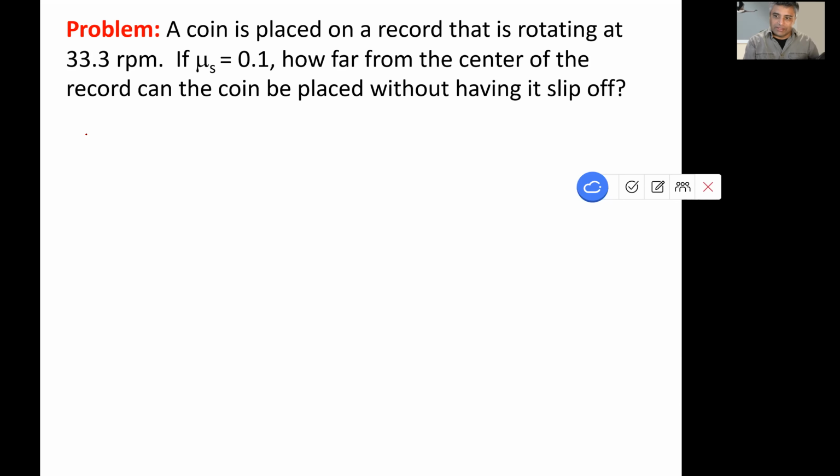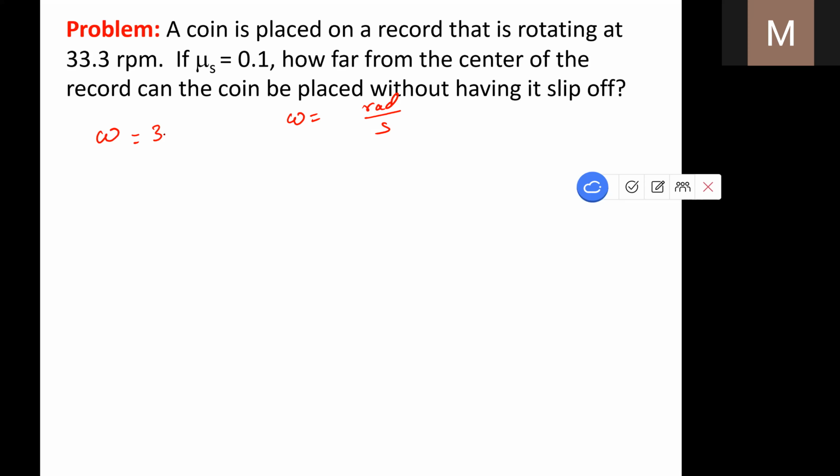Revolution per minute sounds better here for us, but rotation per minute is also good. So that is actually angular speed. But we learned that angular speed has to have a unit of radian per second, and this is in revolutions per minute. So we need to take care of that.